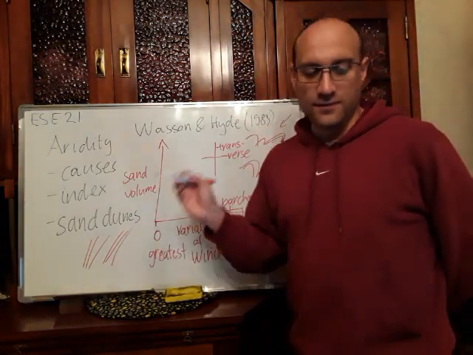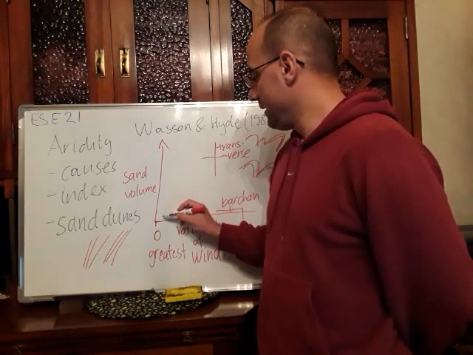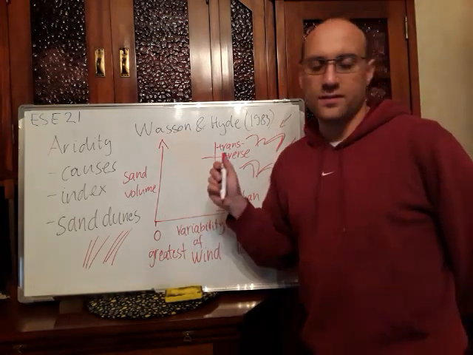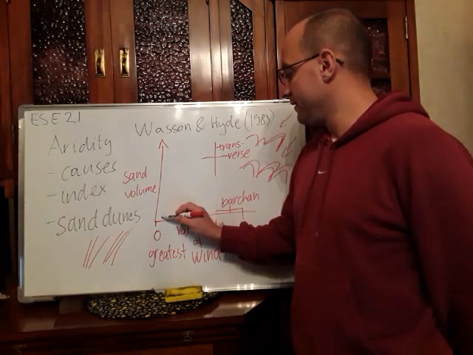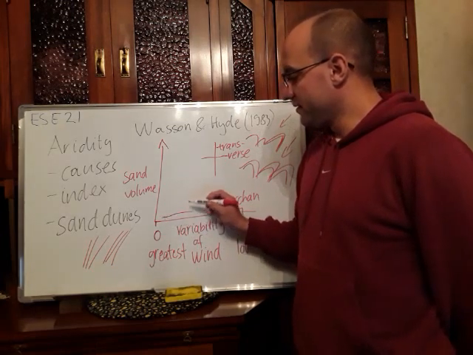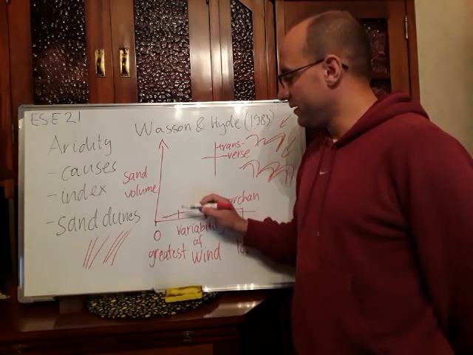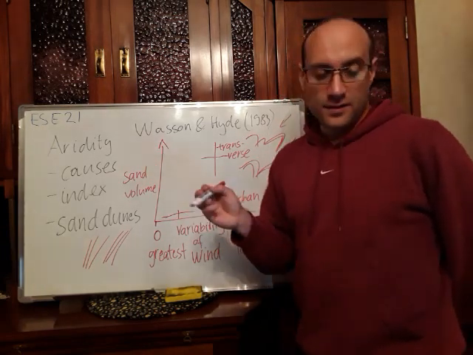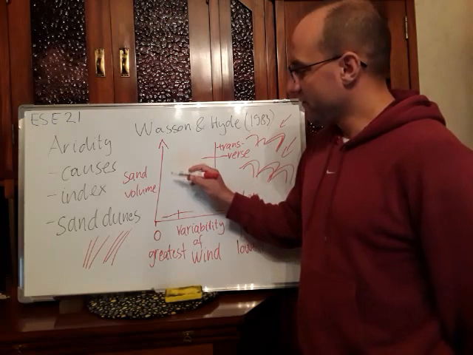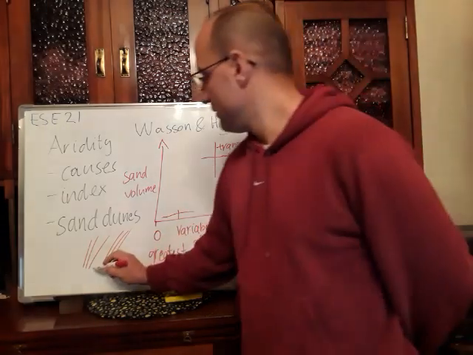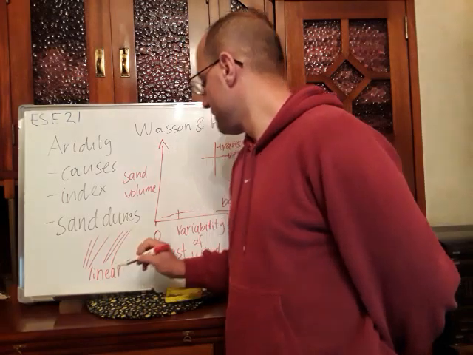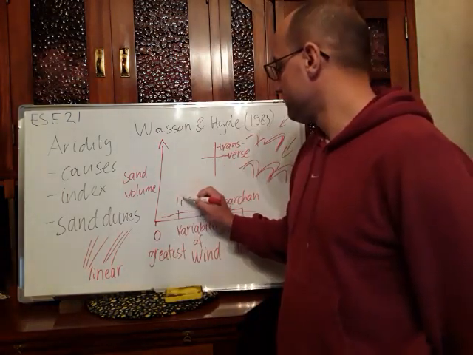So the Sif or linear dunes, and that's why we can put it somewhere over here, because the volume of the sand is low, but at the same time variability of the wind in its directions would be relatively high.